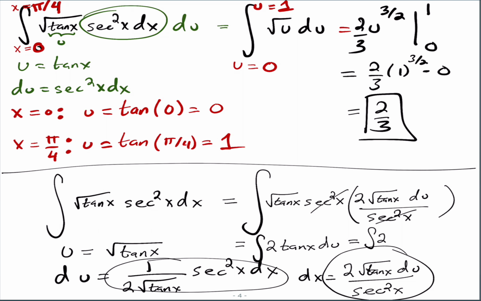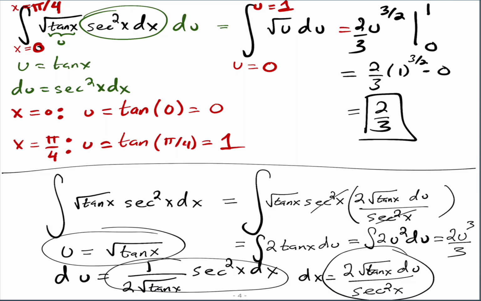If u is root tan x, then tan x is u squared, right? So does that substitution work? It actually does, surprisingly, right? So what is this equal to? This is equal to 2u cubed over 3, right? That's the antiderivative just by itself.